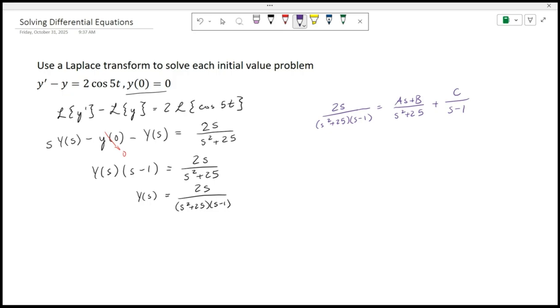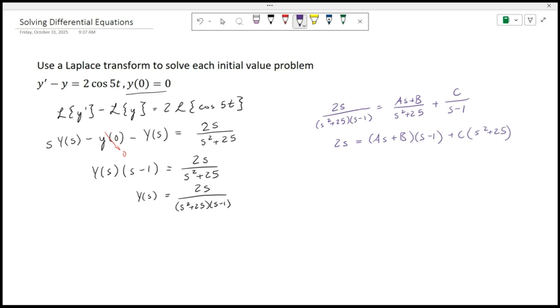I will multiply by the common denominator of s squared plus 25 times s minus 1 across this whole equation to wipe out all of the fractions. So I get 2s on the left, and then as plus b is going to be multiplied by s minus 1 plus c times s squared plus 25. Now, sometimes we will just pick a value for s and start plugging it in.